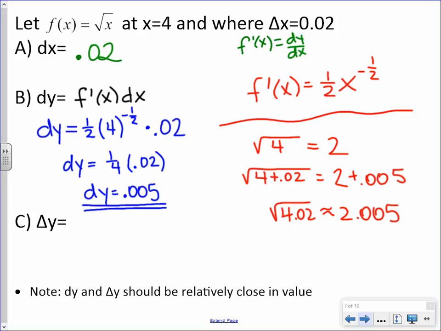That is what that means. Now, I'd like you to go ahead and get out your calculators. You're going to see how close this really is.